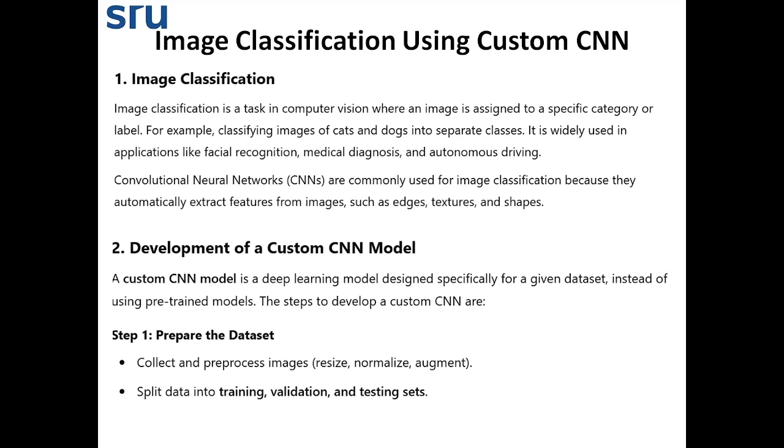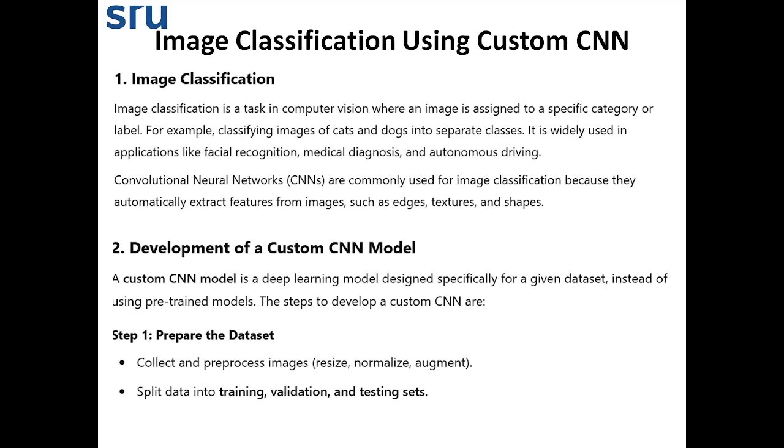It is widely used in applications like facial recognition, medical diagnosis, and autonomous driving. CNNs are commonly used for image classification as they automatically extract features from the image such as shapes, textures, and edges.